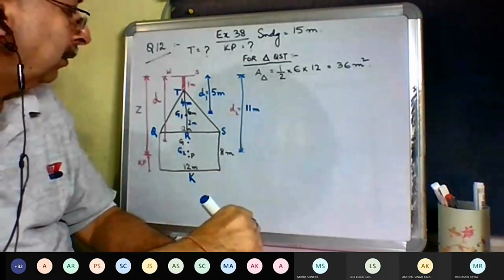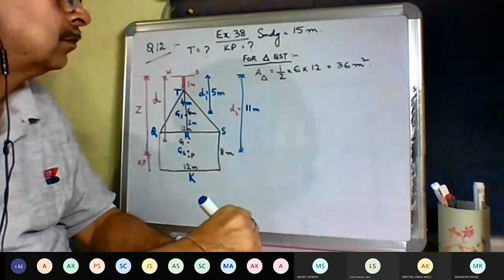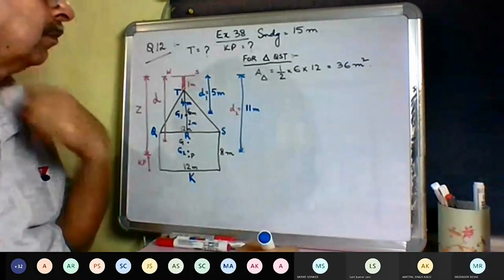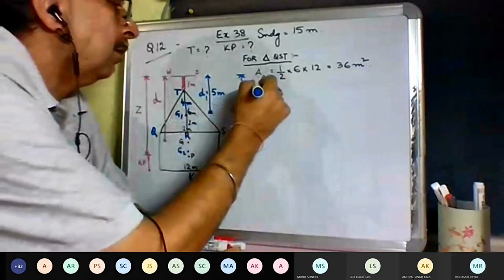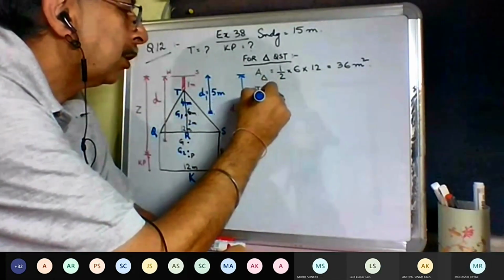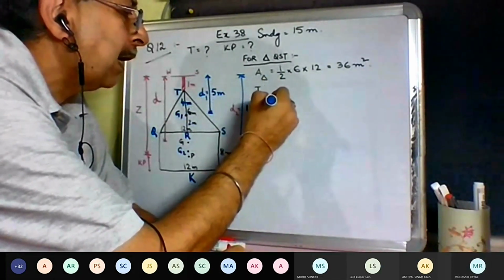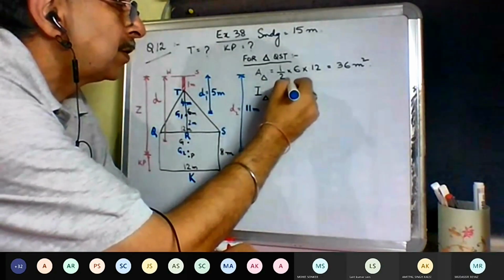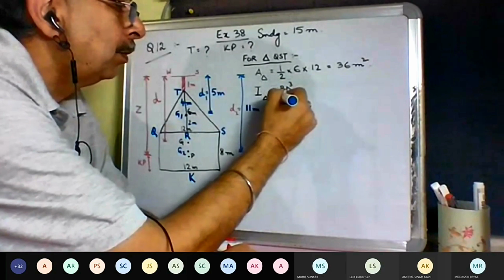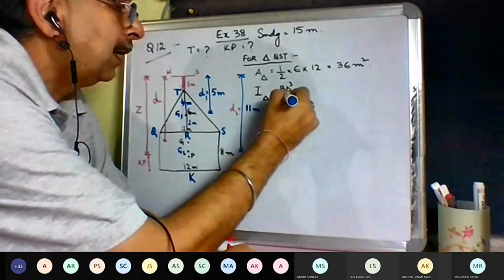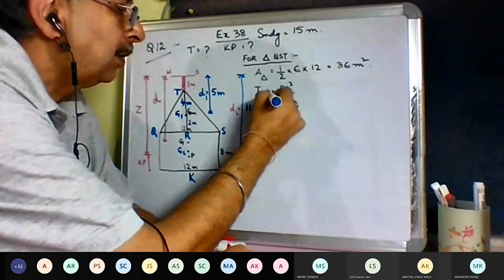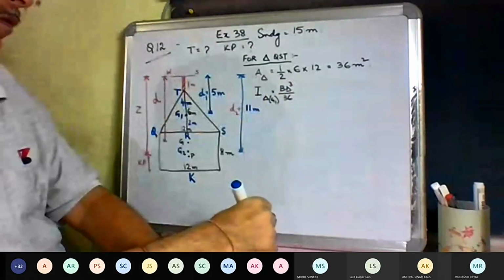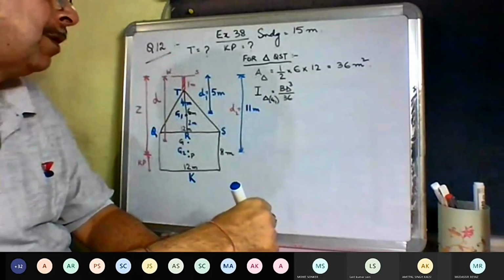Is this okay? Okay, sir. All right. Moment of inertia of the triangle is BD cube by 36. This is about G1.